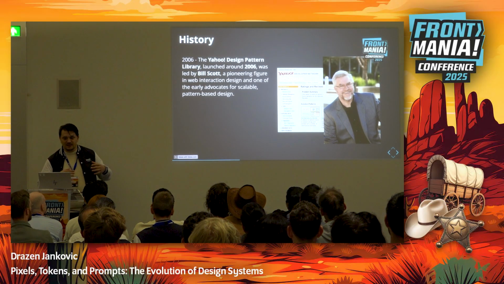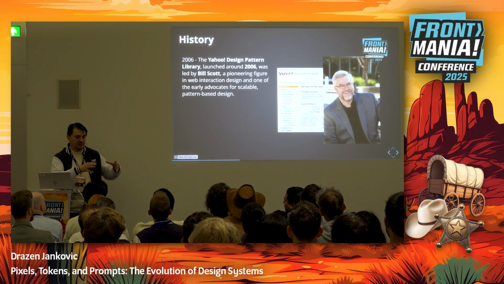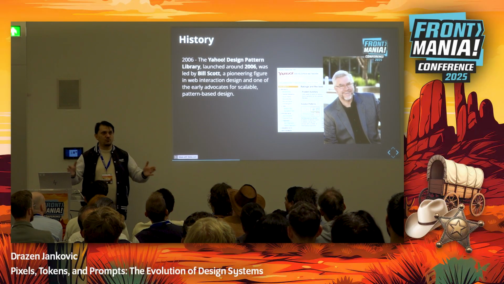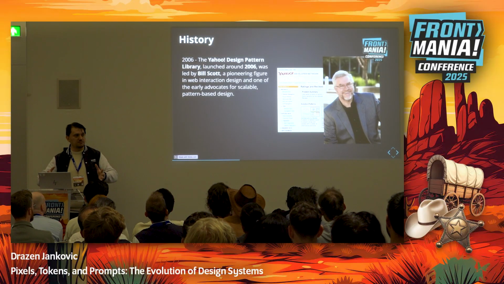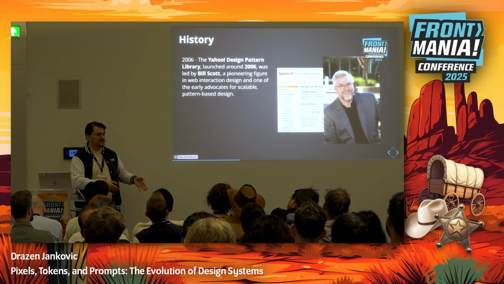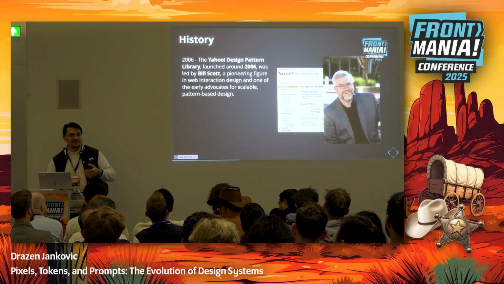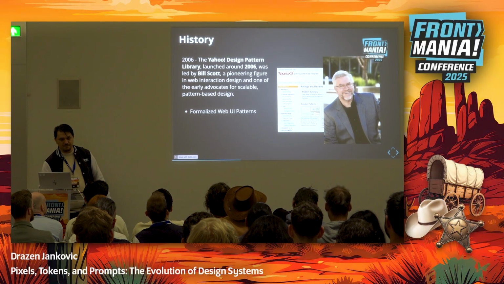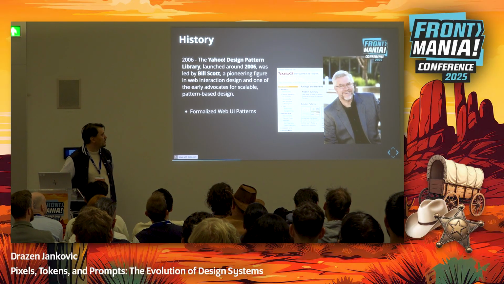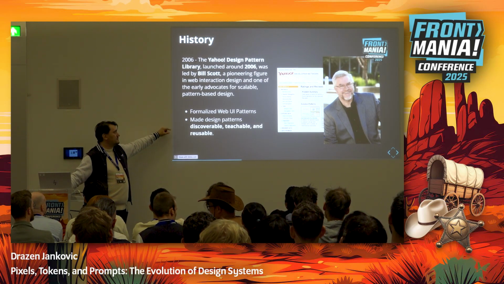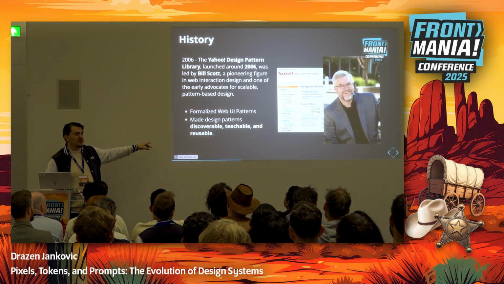But basically, his view was, instead of building components isolated from the rest of the teams, why not consolidate them, have one team make the components and deliver them to the rest. This way you would have consistency, you would have guidance, and you would have some harmony in there. So he formalized some web UI patterns, he made design patterns, and this was the big one. He made them discoverable, teachable, and reusable.